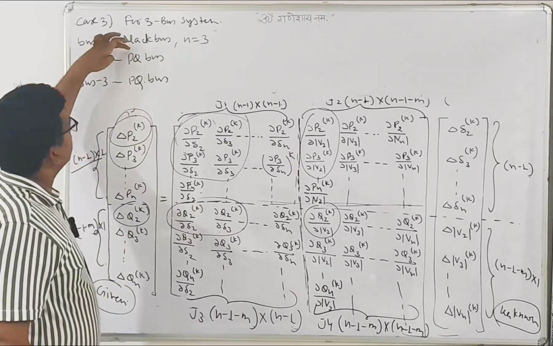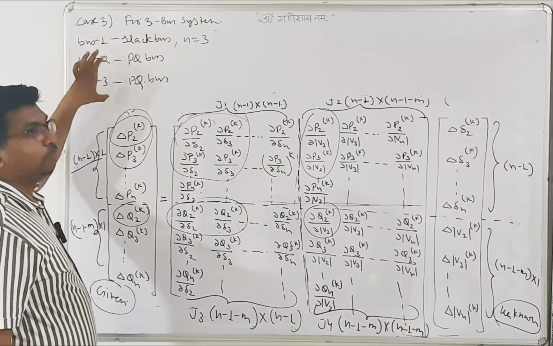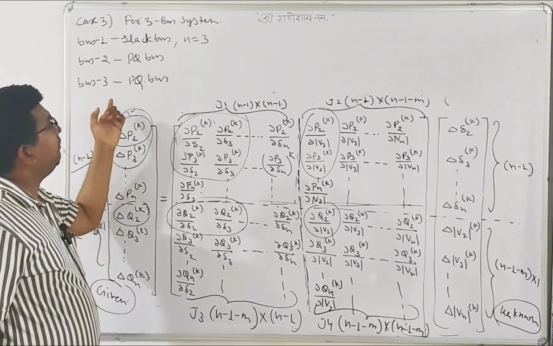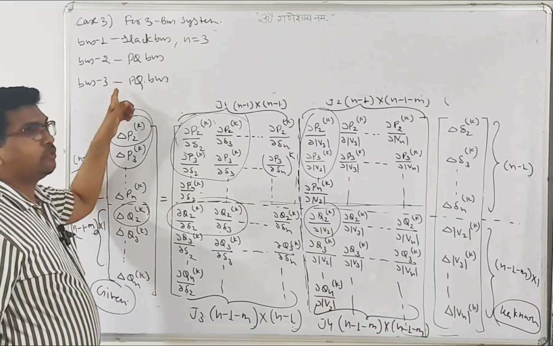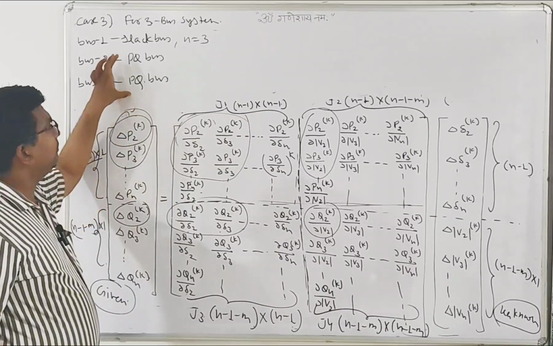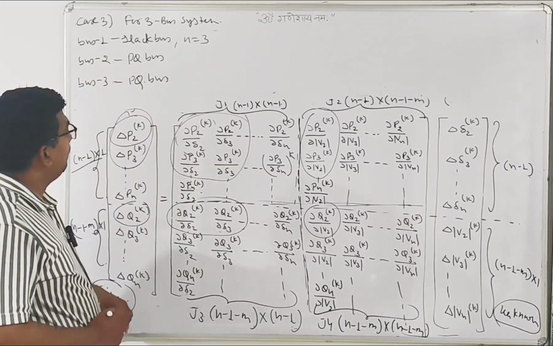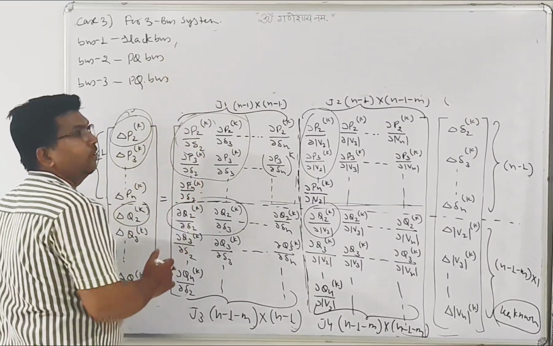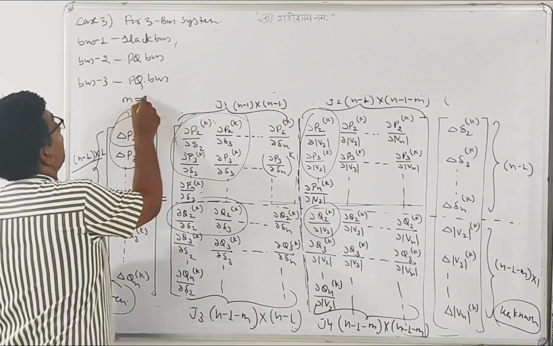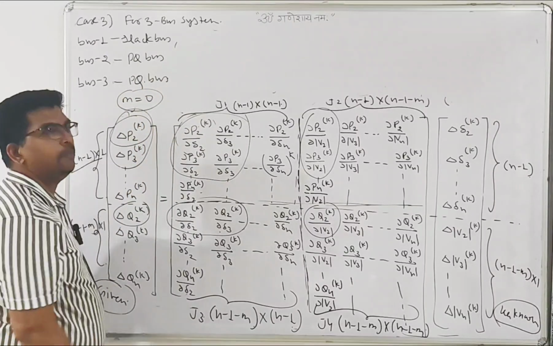Bus 1 is our slack bus, and buses 2 and 3 are both PQ buses, as we discussed in question 6.7 of the Gauss-Seidel method when all the buses are PQ. In that condition, n is again 3, and what is the value of m? M is 0, because there is no PV bus.